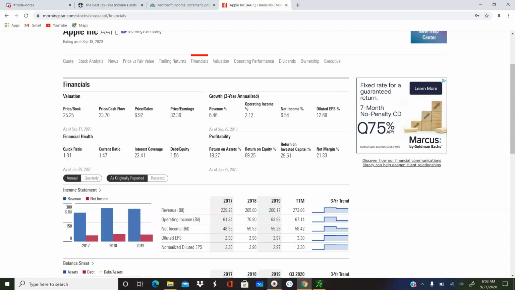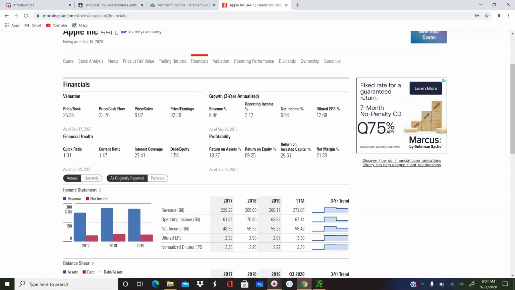The interest coverage ratio basically measures the company's ability to cover its debt payments with money coming in.